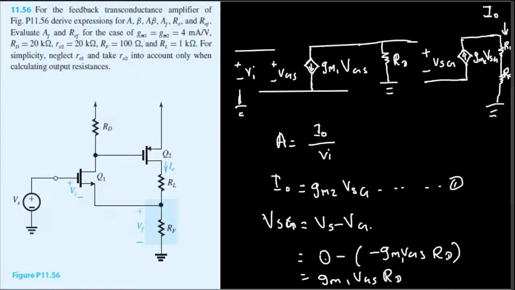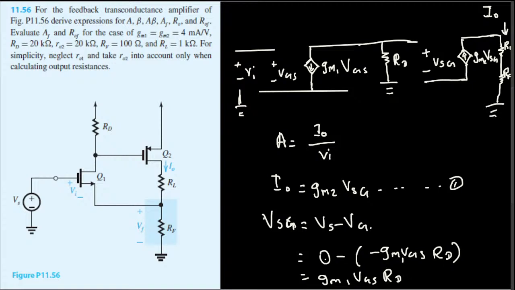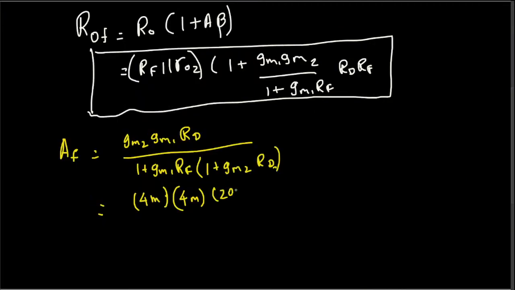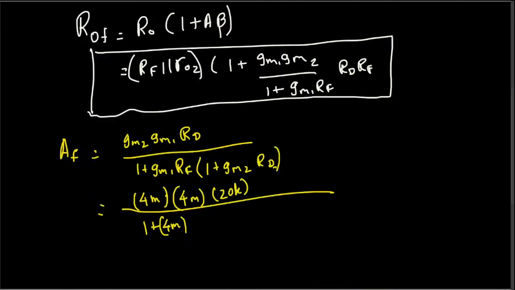Now all the values are readily available. We know the transconductance, gm1 and gm2 both are 4 milli. So this is 4 milli times 4 milli, and rd is also provided to us, that is 20k, divided by 1 plus 4 milli multiplied by the feedback resistance, which is 100 ohm, times 1 plus gm2 4 milli times rd 20k.